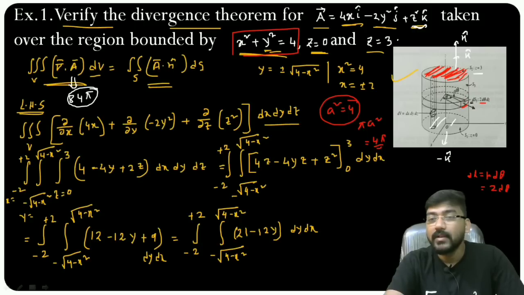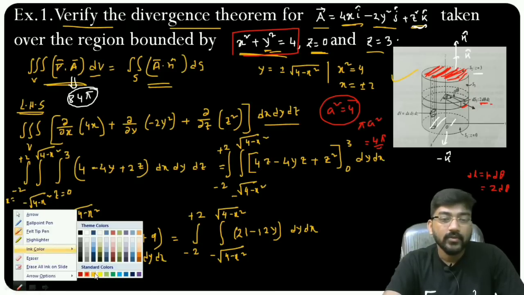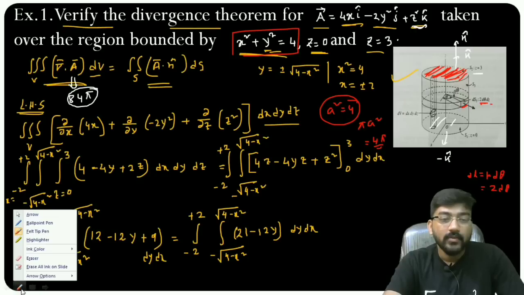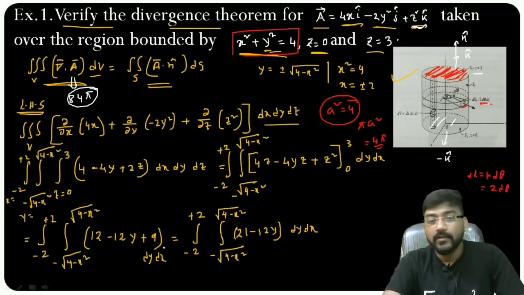So it will be length into breadth, that means 2 d theta into dz. Okay, so this is ds3. This is by using polar coordinates. You can do this problem in this way also, so let me do this problem in this way. But if you want, you can obviously solve this problem by using the projection method also, which I have already done previously.